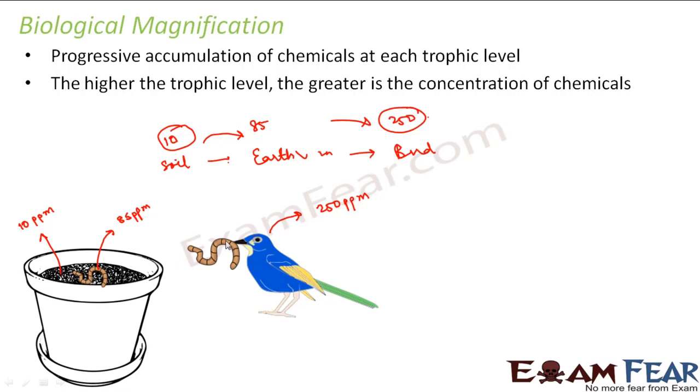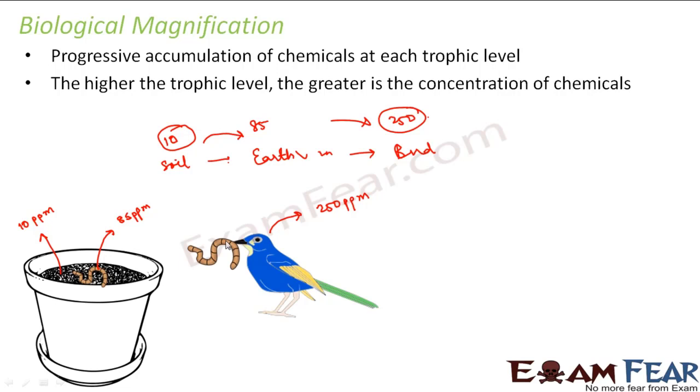And the second disadvantage is that as you go higher in the trophic level, the amount of energy that is actually getting transferred to that level becomes very less. So there is very less energy available for the higher levels. Because of such reasons, we generally see food chains consisting of 3 to 4 levels only.